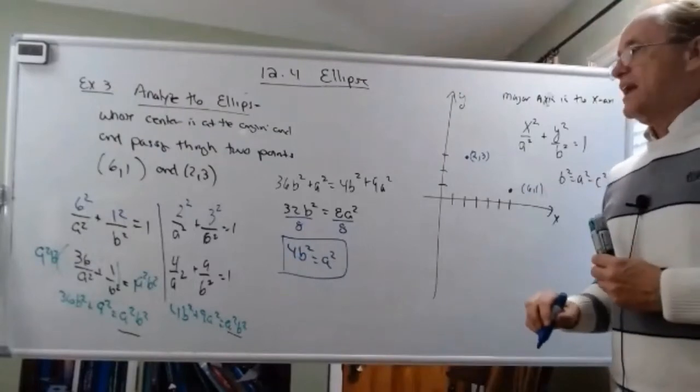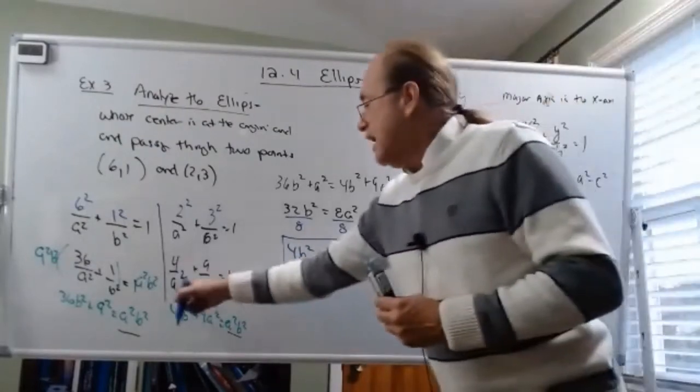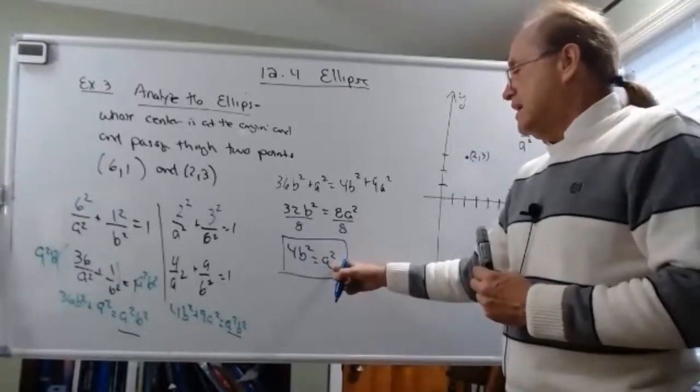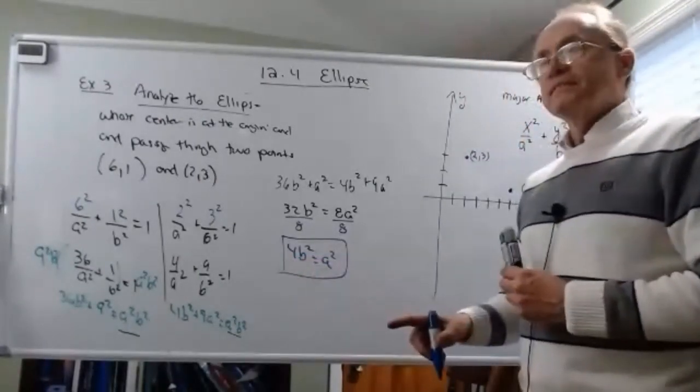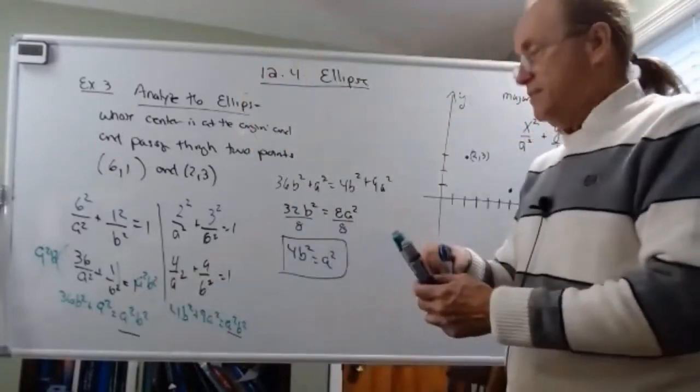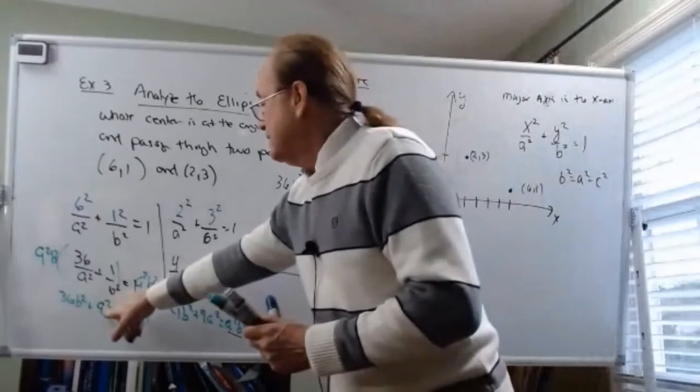Well, what can I do with that? I can use it in either one of those equations and replace everywhere I have an a squared with 4b squared. It doesn't matter. Let's do it right here, the easier one over here. This is the equation here.